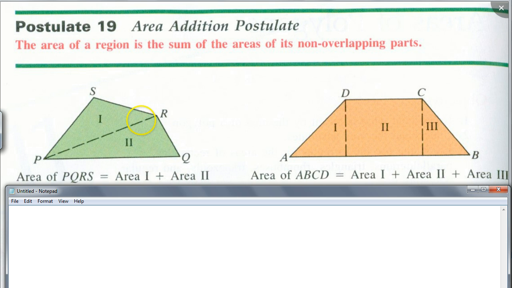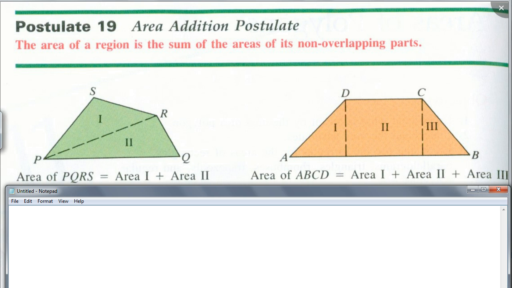What is this total area? PQRS is area 1 plus area 2. And area 1 and 2 are not overlapping. Same thing for that second example. You have area of ABC, same as area 1 plus area 2 plus area 3. Easy enough? Pretty straightforward.